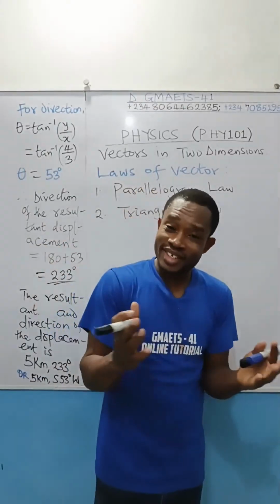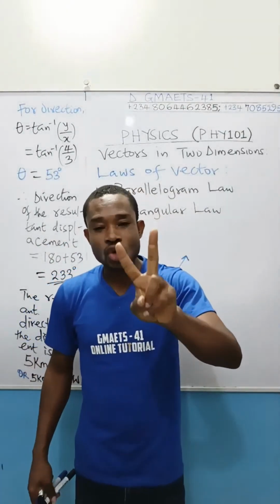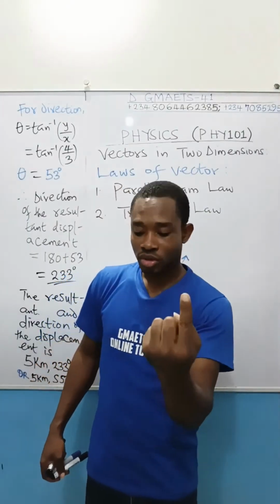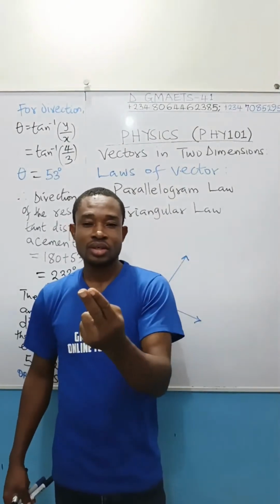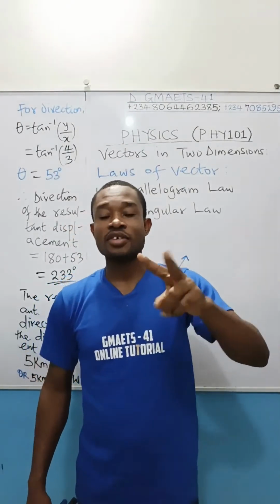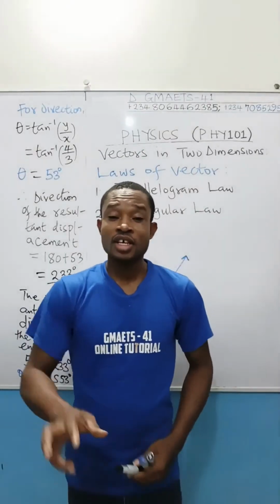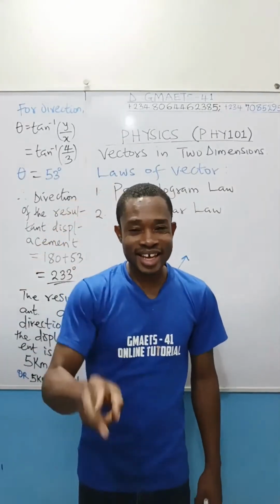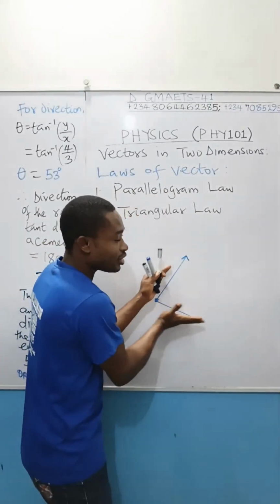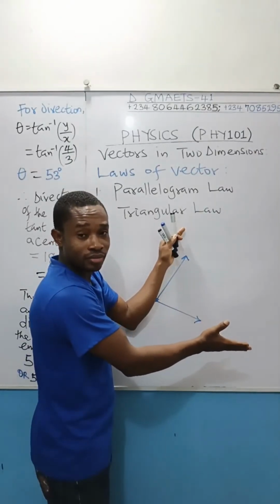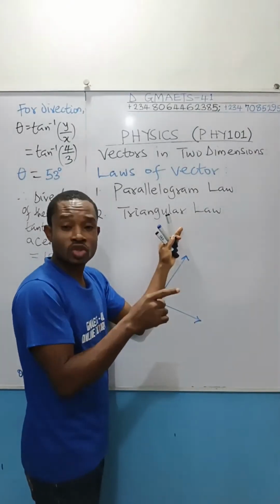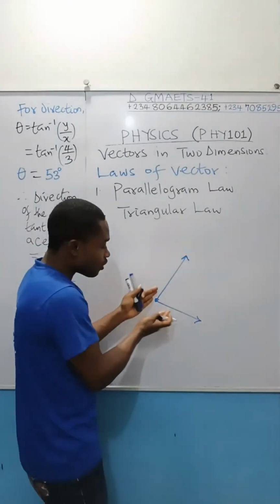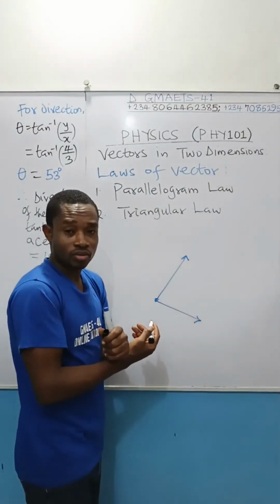The other way around, we can state it this way. If two vectors are represented in magnitude and in direction by the two adjacent sides of a parallelogram, the resultant of the vectors is the diagonal drawn from the point of intersection of the two vectors.